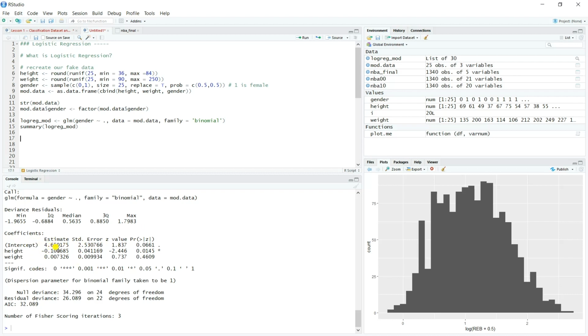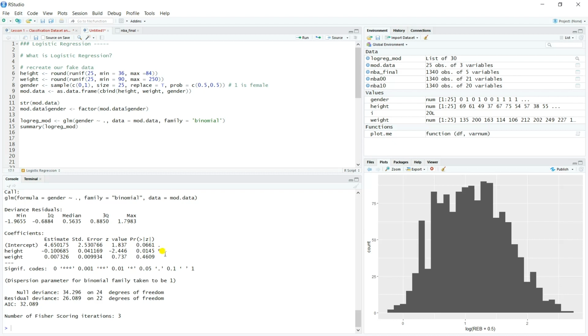We get an intercept term of 4.65, a height coefficient of negative 0.1, and a weight coefficient of 0.00. First of all, it's really not surprising that height and weight have estimates really close to 0. This is just random data. We wouldn't expect to see any sort of relationship.